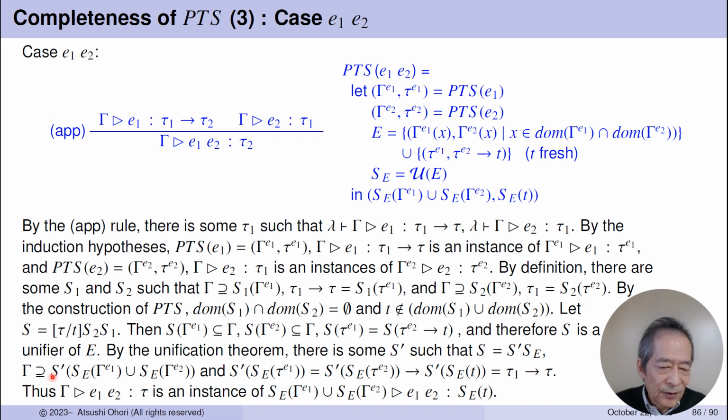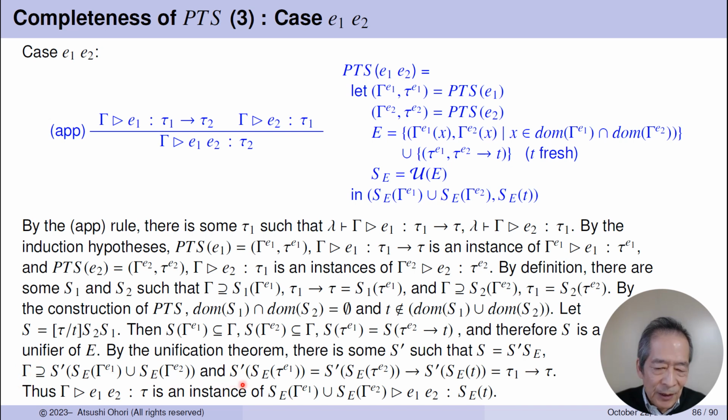Then S prime applied to this returned type environment is a subset of the given gamma in the given derived typing.